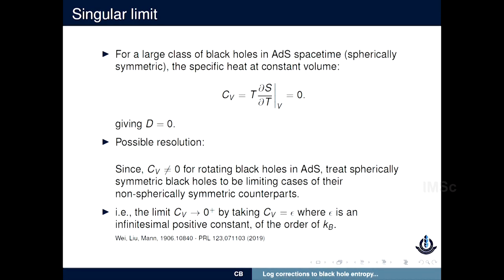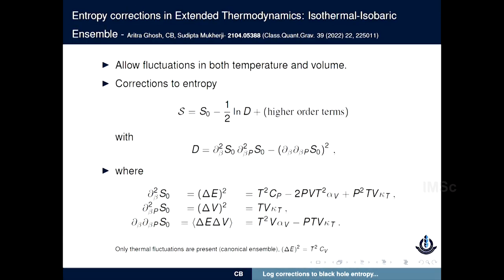That's the kind of limit you are taking. Since it's a very small number, you can think of CV as a very small quantity, some epsilon, and with this analogy, you can actually compute logarithmic corrections.